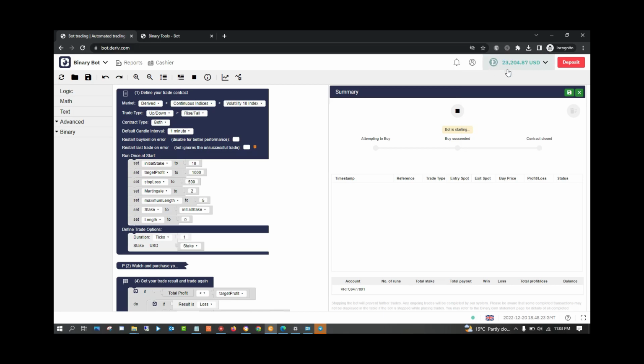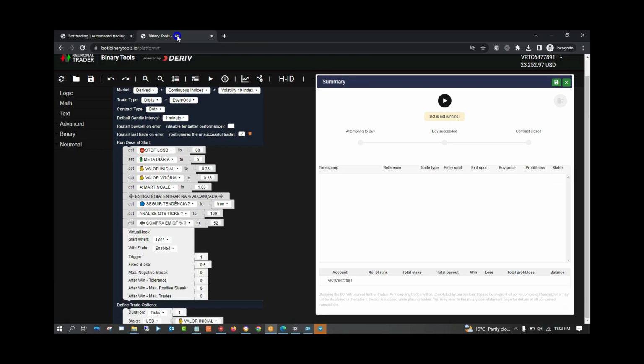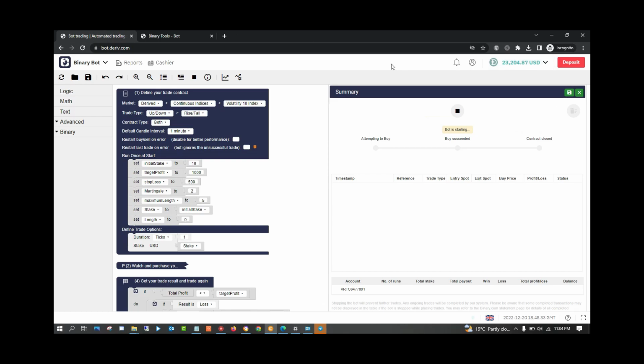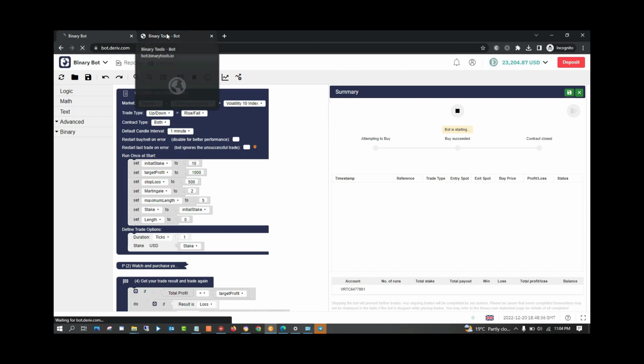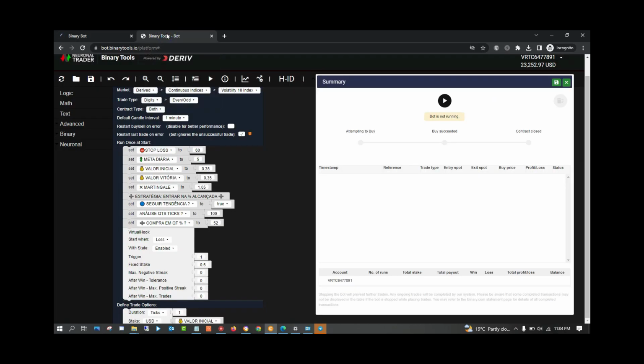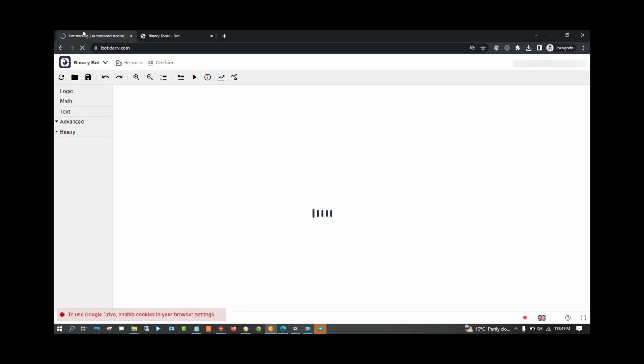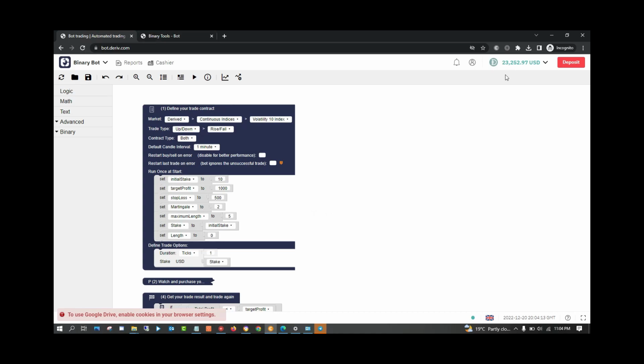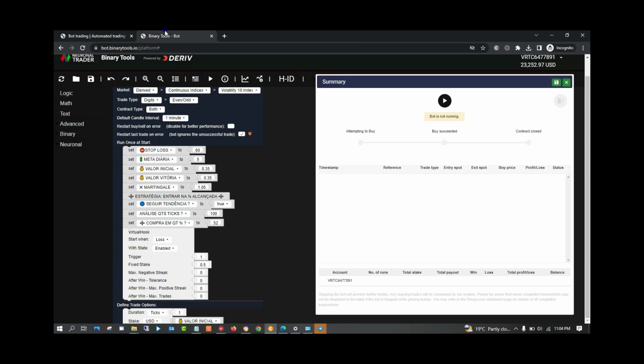So with my demo account, I have $23,204. It's just the same thing here. Maybe I haven't refreshed this one here. Let me just refresh so that you can see what I mean. So you see it's 23,252.97. It's just the same as here.